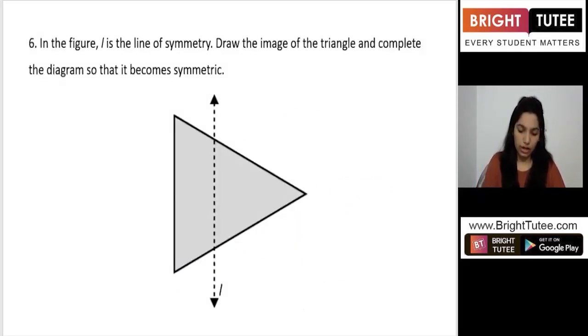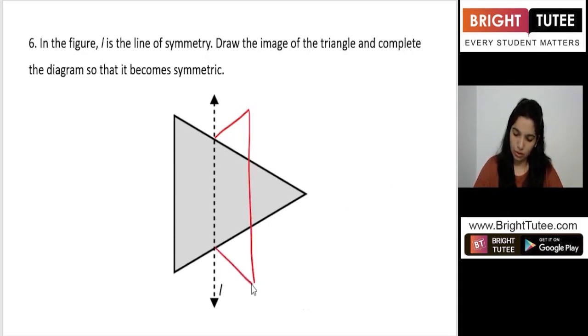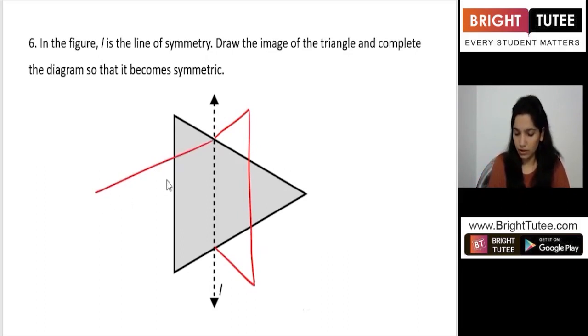Now moving on to the last question from this lesson. It says that in the given figure, here L is the line of symmetry, draw the image of the triangle and complete the image so that it becomes symmetrical on both the sides. So if this is the line of symmetry, if this is what is drawn on this side, so here this is what we'll see on the right side, and this is how we'll see the triangle.